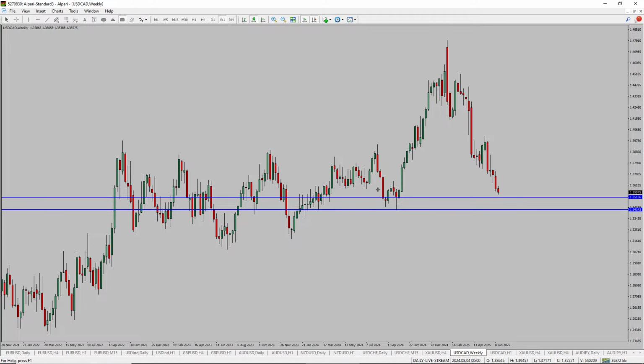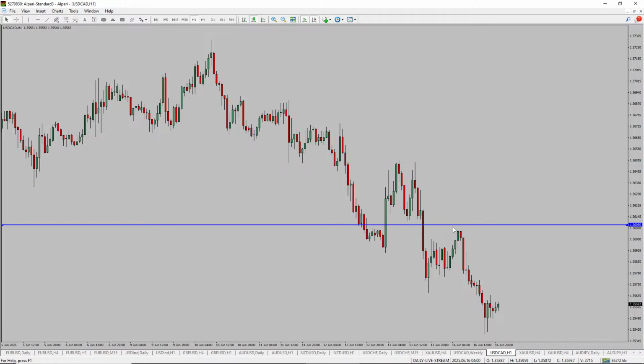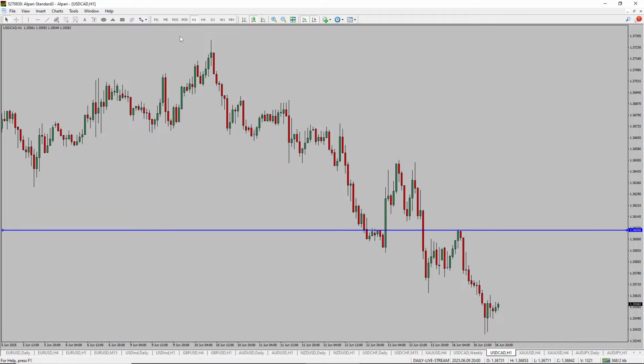If you look at the left hand side, this was the support, so we could get support over here again. So as far as the trading is concerned, a good idea is to wait for price action to break above 1.3605 level, and then we could start looking for potential buy trading opportunities.